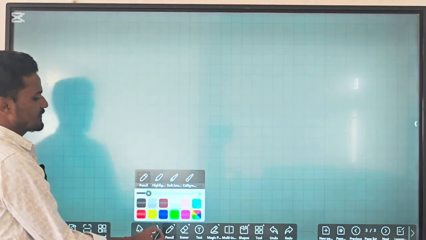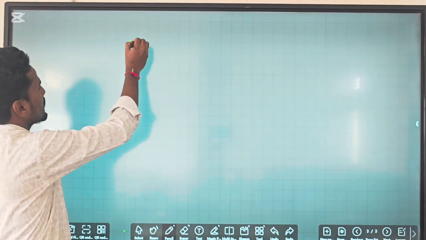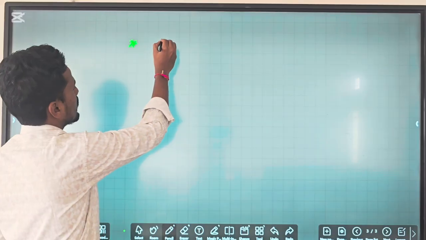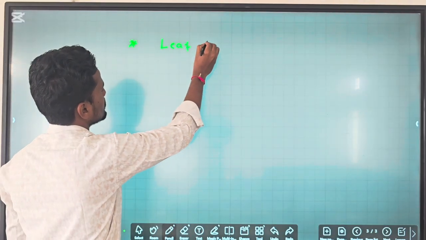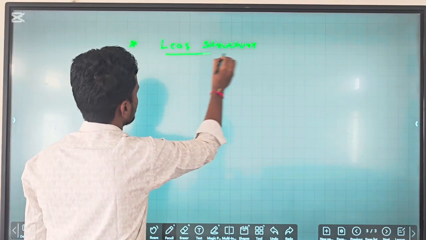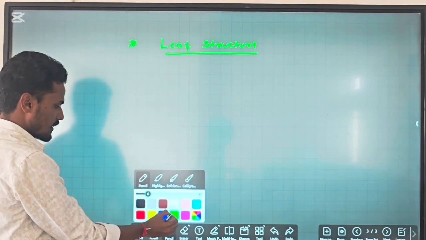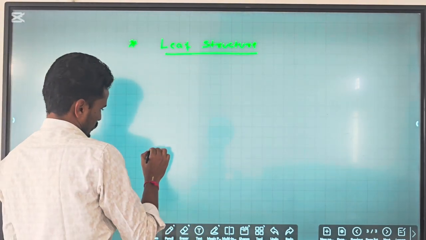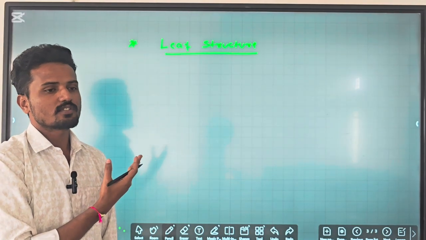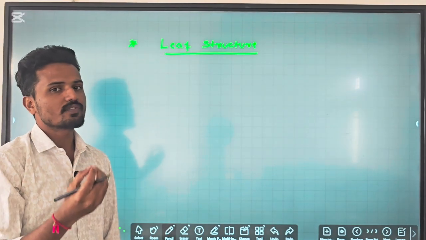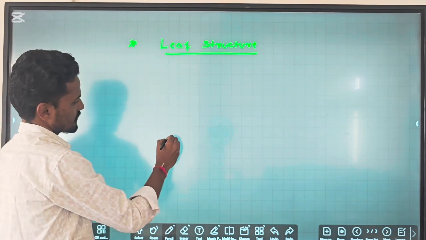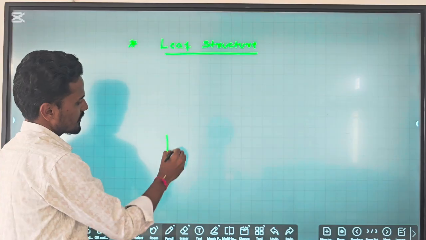We'll draw the leaf structure. One typical leaf structure is there. As we studied in the definition of a leaf earlier, the leaves arise on a stem at a nodal region. We'll draw the stem first, as our definition says.